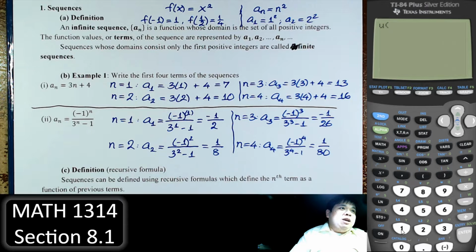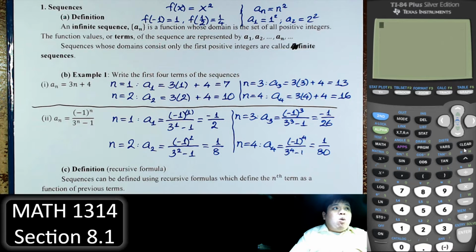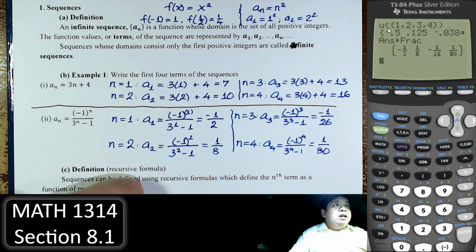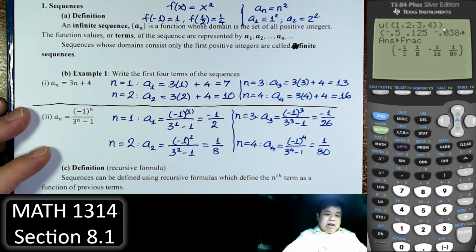And if you want the first term, that is the first term, change to fraction. Now if we want more than one term, second, number 7, so that u, and we go from the first 4 terms, so n equal to 1, 2, 3, and 4. And that's what we have. Convert this to fraction. So that's what we have. The curly bracket here is the set of numbers evaluated from n equal to 1, 2, 3, and 4.